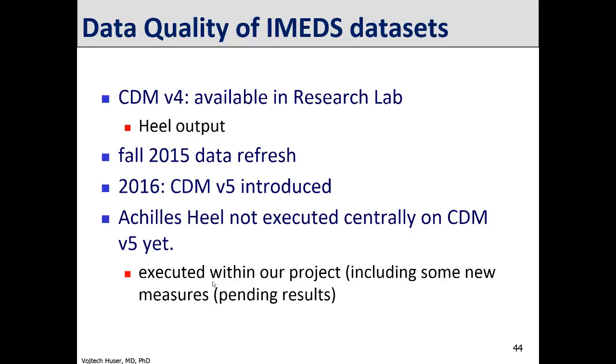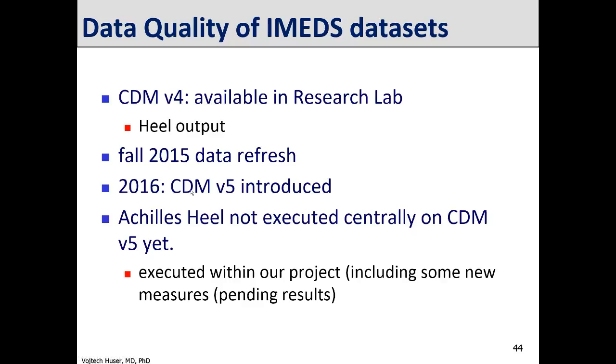And to also comment on some of the, hopefully doing okay on time, 42 minutes into the presentation, I haven't presented much of the Cloud Lab related stuff, but to briefly address that. Currently in the research lab, if you are also users of that lab, you see the Heel output and pre-computations done on the Common Data Model version 4, before the fall 2015 data refresh, which I'm very grateful for being done by the IMEDS team.